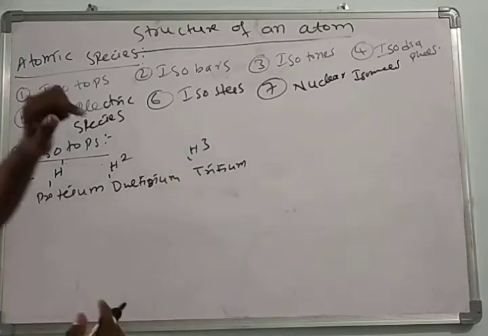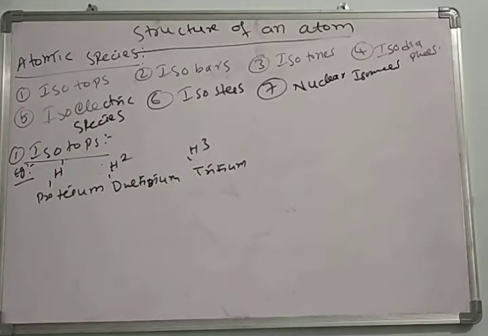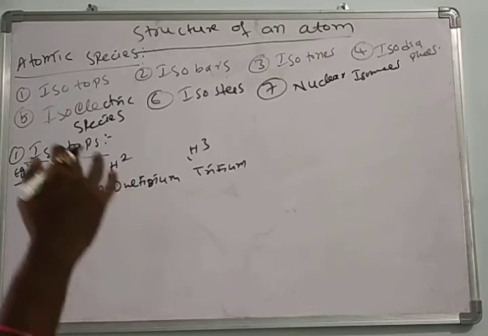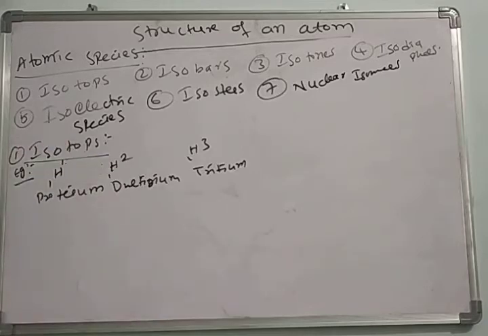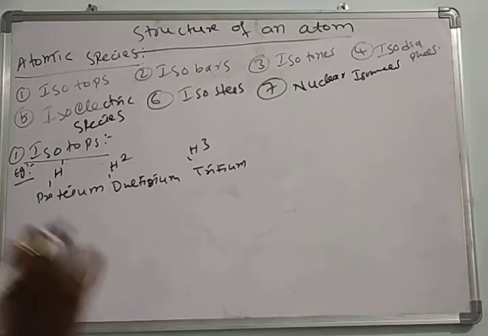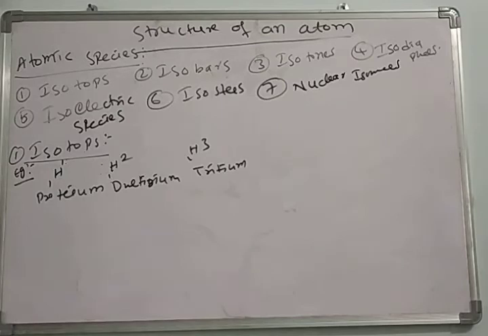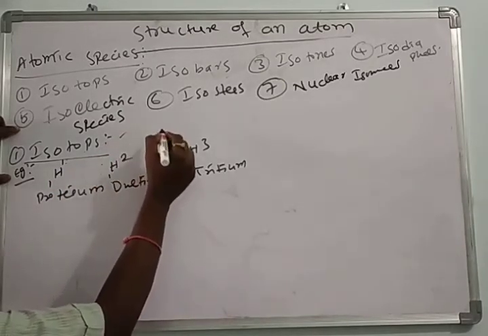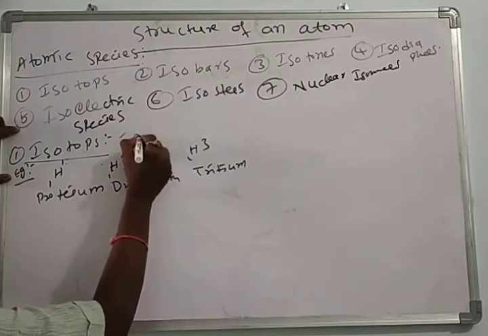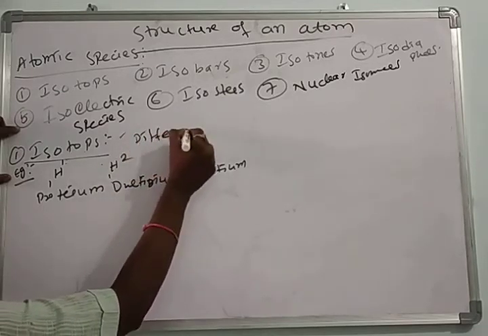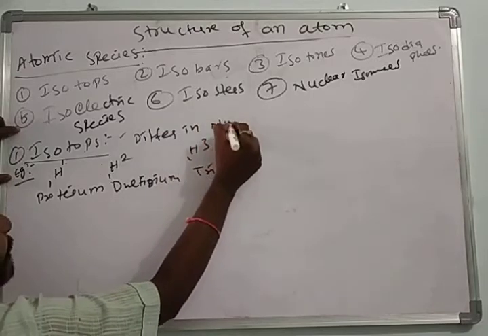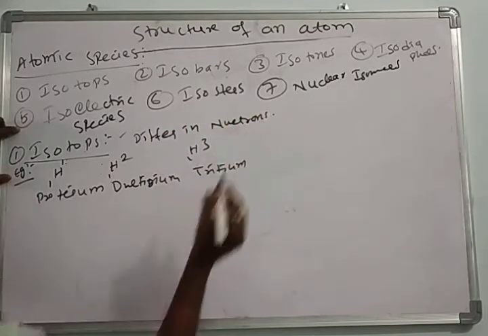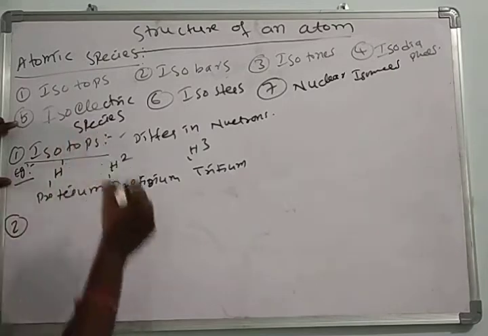So many examples are there: nitrogen 7 14, nitrogen 7 15, and oxygen 8 16, oxygen 8 17, oxygen 8 18. So many examples are there for isotopes. Here these are differing neutrons.